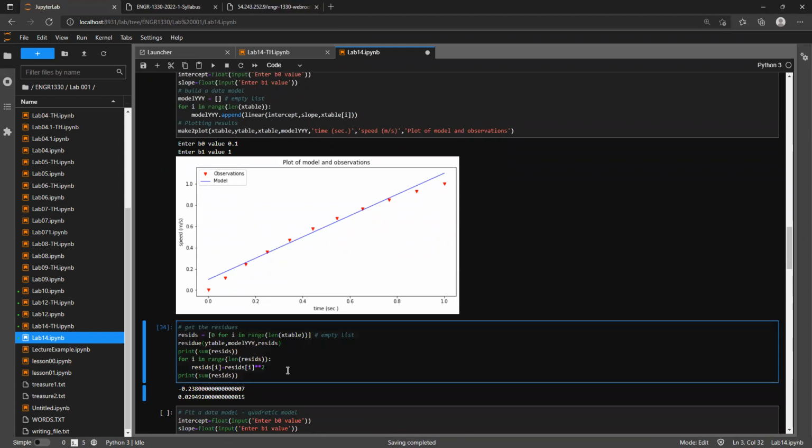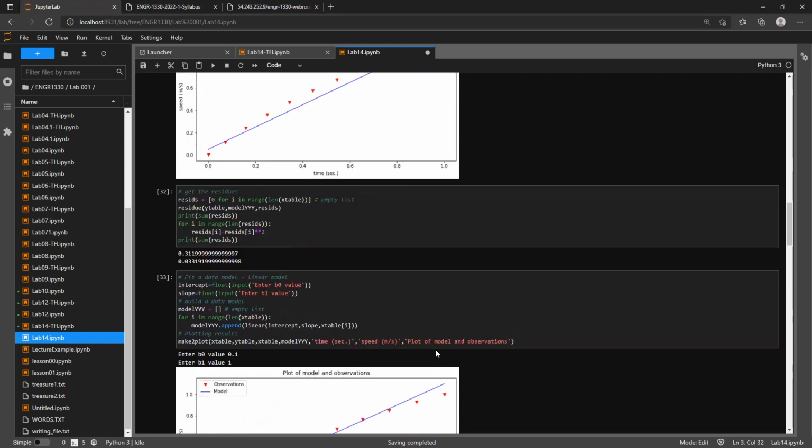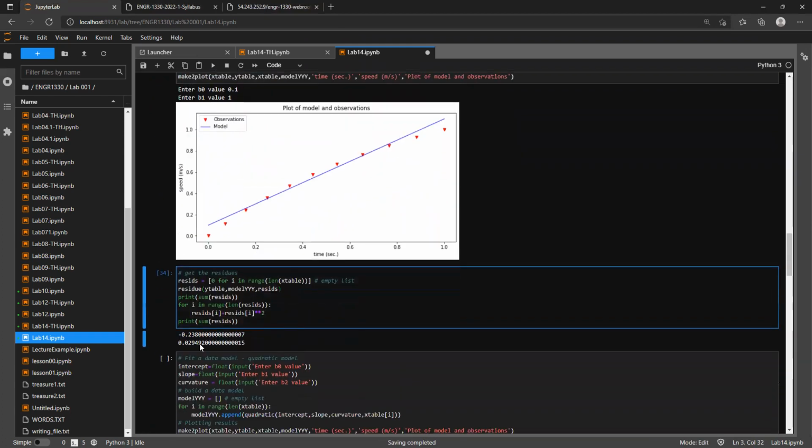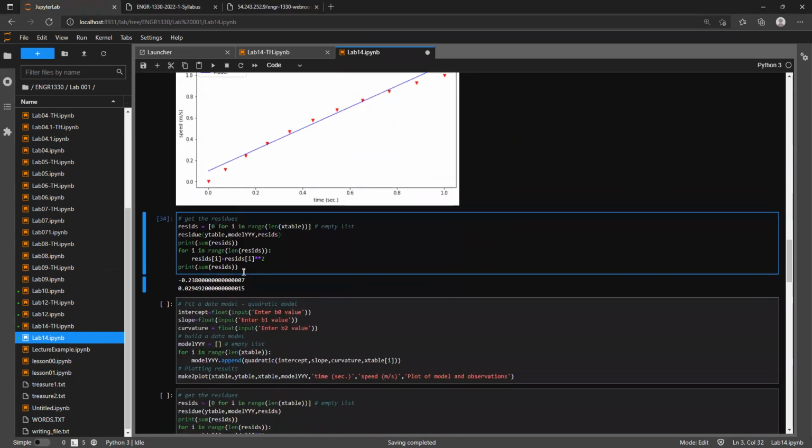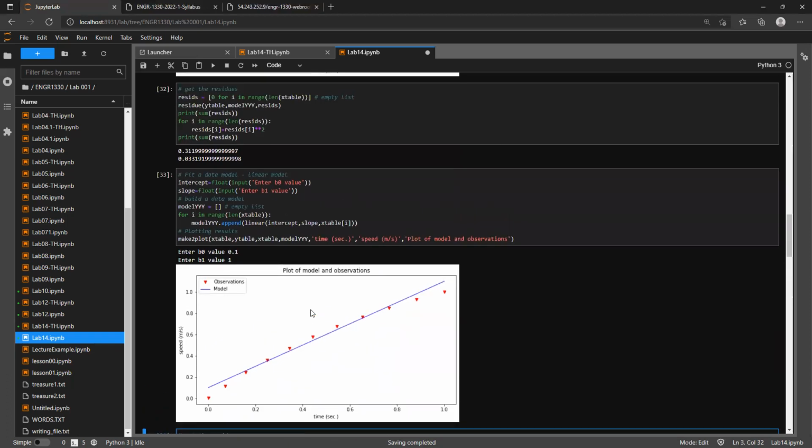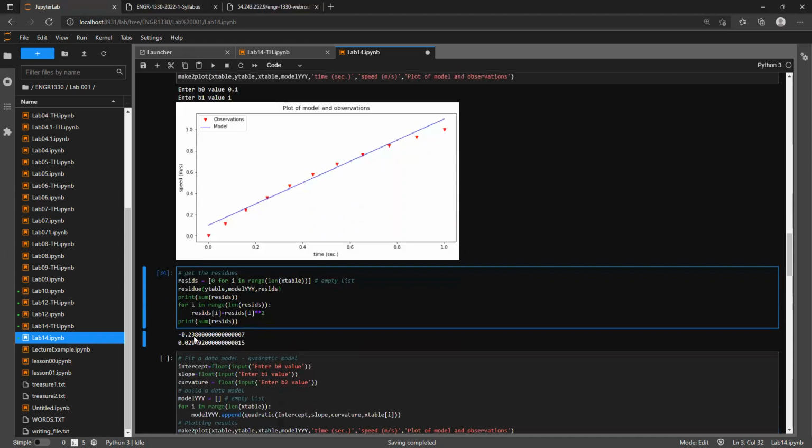Now, is anyone noticing a pattern of what we're doing here? I am plugging in numbers, calculating the residual, and then choosing the residual that has the smallest one as the better of the two.